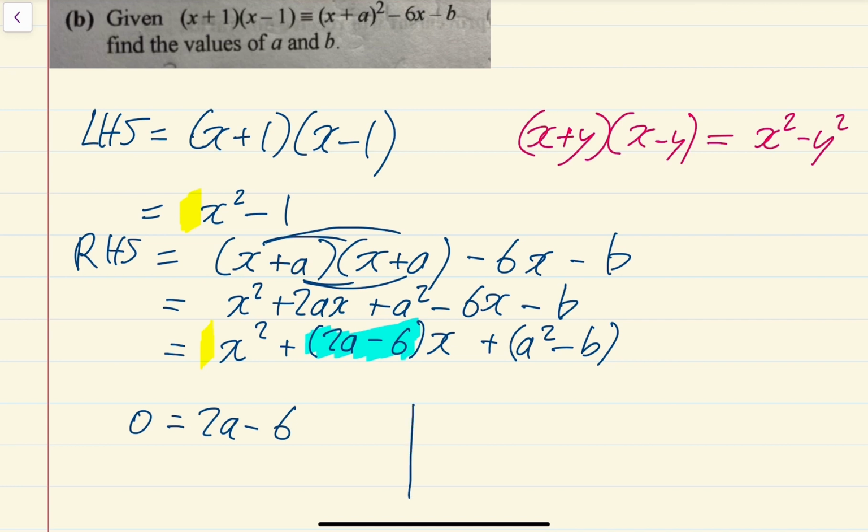We'll come back to that in a wee second. And then my numerical bit, I've minus 1. And on the right, I'm thinking of it being a numerical bit as it's not an x squared term and it's not an x term, so it must be a numerical term. So you've got minus 1 is equal to a squared minus b. We'll come back to that in a wee second.